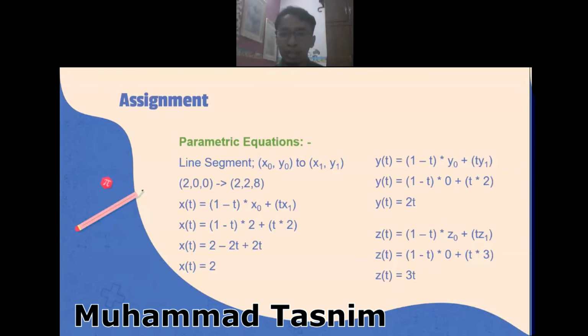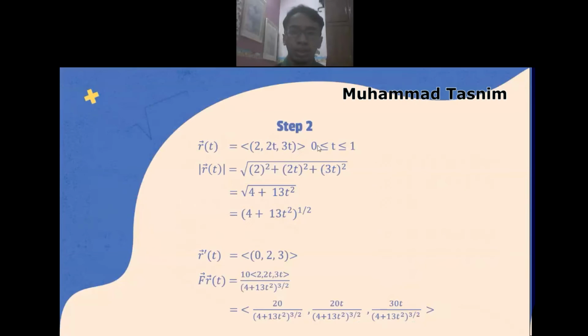And lastly for z(t), we substitute 0 into z0 and 3 into z1, and the answer for z(t) is 3t. Then we substitute x(t), y(t), and z(t) into r(t), and it becomes 2i plus 2tj plus 3tk, and the range for t is from 0 to 1.